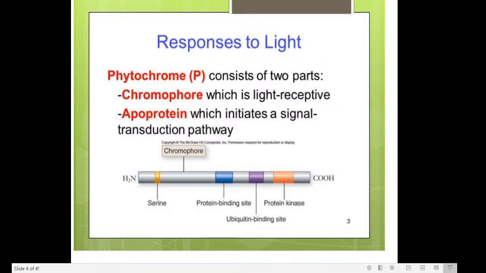The chromophores only allow receiving the light. Apoproteins initiate the transduction pathway. In this image they mention the protein binding site, the ubiquitin binding site, and protein kinase.